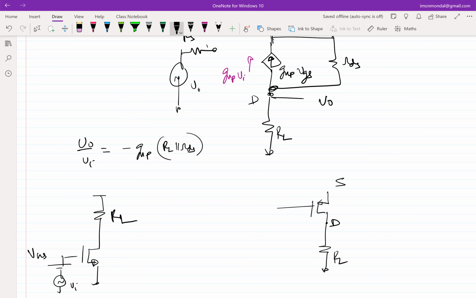The source has to be incrementally grounded, but in quiescent terms, what does it need to be in order to ensure that the quiescent current flows from top to bottom? This is source, this is drain. In the case of PMOS, the source is on top. It has to be incrementally grounded. So should it be at zero potential or some non-zero potential? Some higher potential, right?